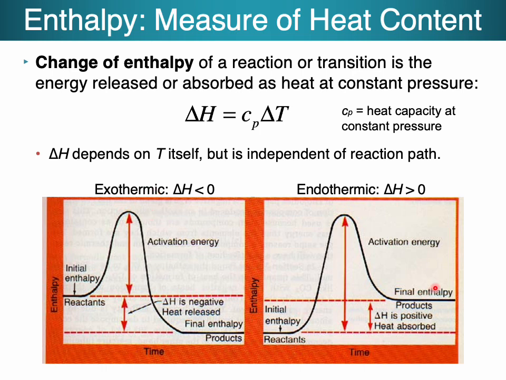Whereas if the final products have a higher enthalpy than the reactants, then delta H is positive. Heat is absorbed during this reaction. We call this kind of reaction endothermic. Since for this kind of reaction, energy is required to be absorbed as heat, this is usually less likely to occur. On the other hand, exothermic reactions are generally more favored in a given environment.